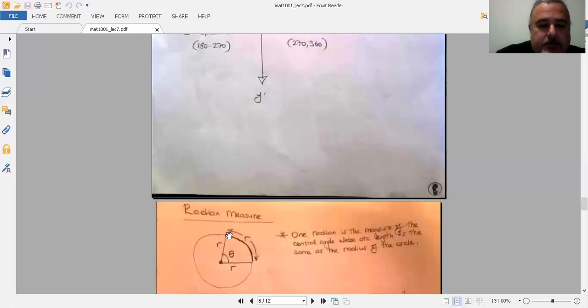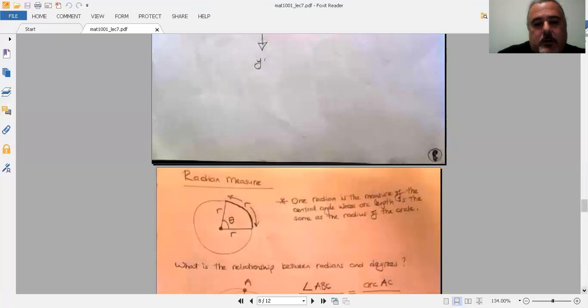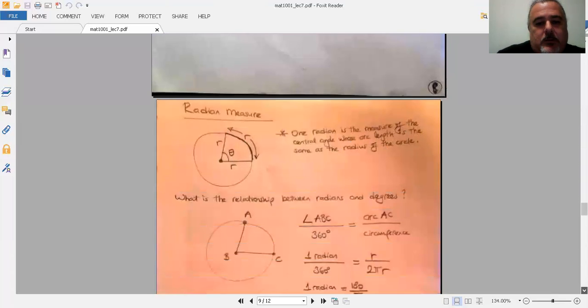So if there's a kind of pie whose arc is the same as the radius, this angle is a radian. Okay, this is called radian measure.